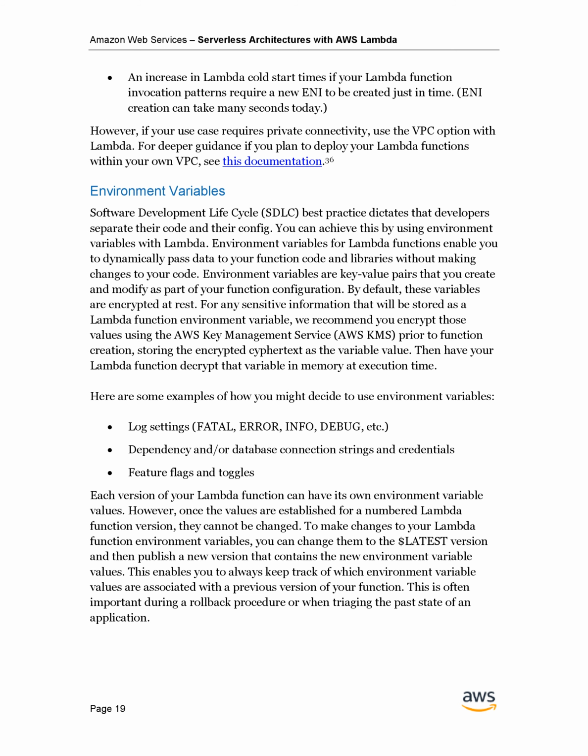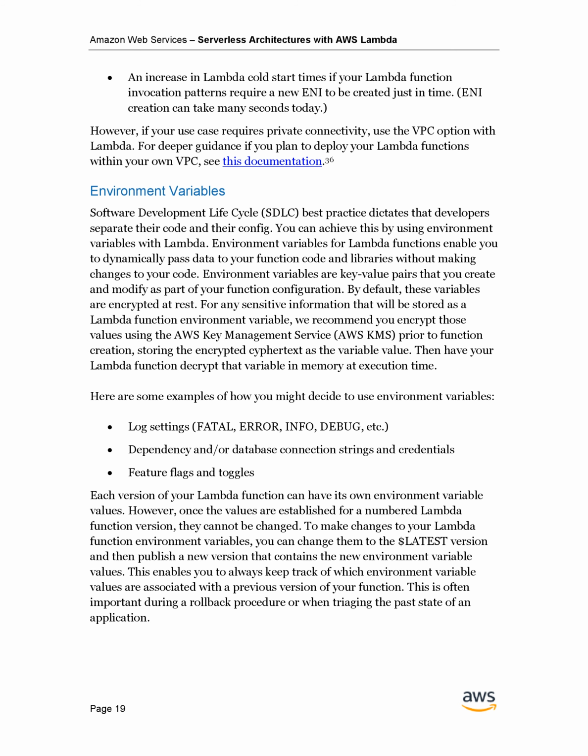By default, these variables are encrypted at rest. For any sensitive information that will be stored as a Lambda function environment variable, we recommend you encrypt those values using the AWS Key Management Service, AWS KMS, prior to function creation, storing the encrypted ciphertext as the variable value. Then have your Lambda function decrypt that variable in memory at execution time.